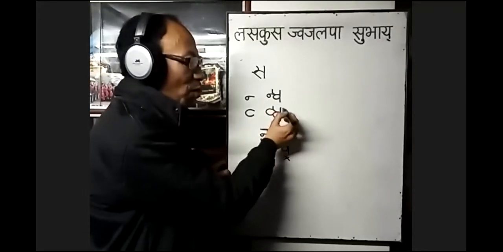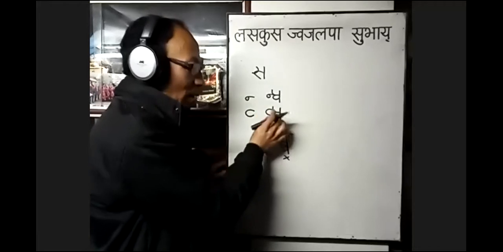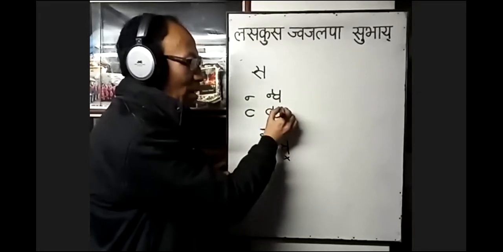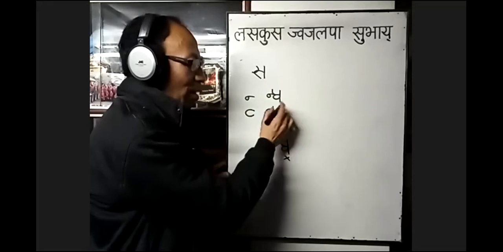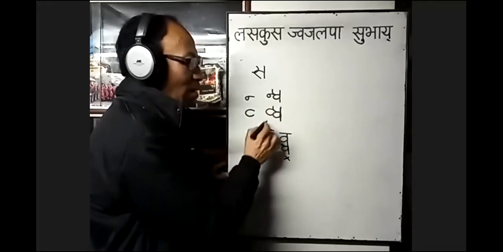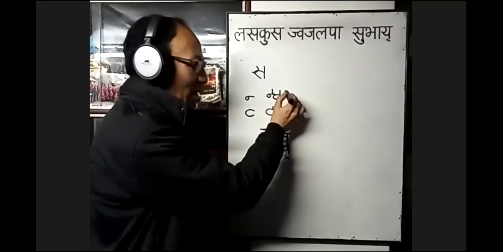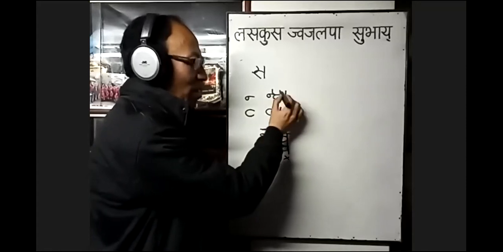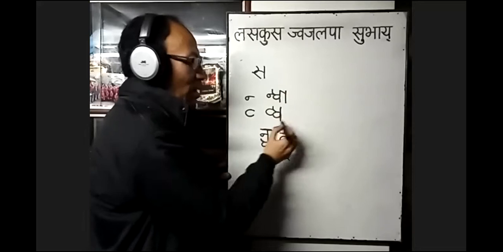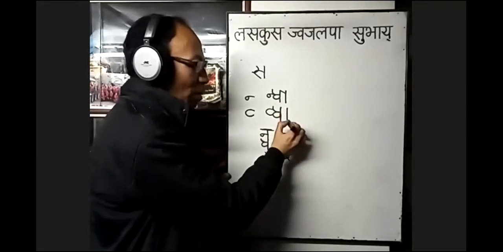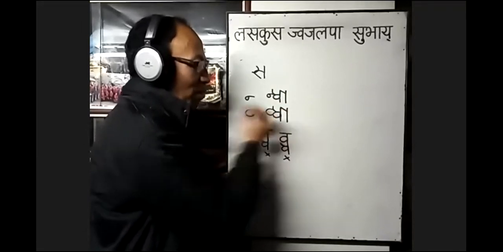Here this letter is regarded as the mo maduga akar. So if we want to add akar here, then we must give jani. And similarly here also, if we want to add akar, we must give jani.